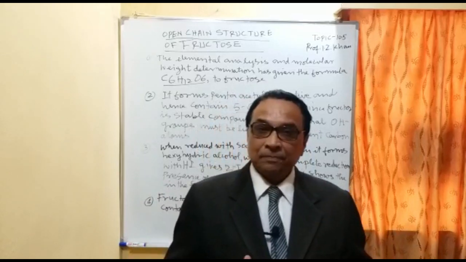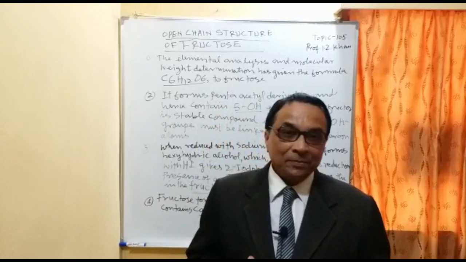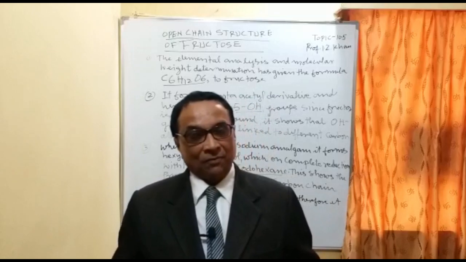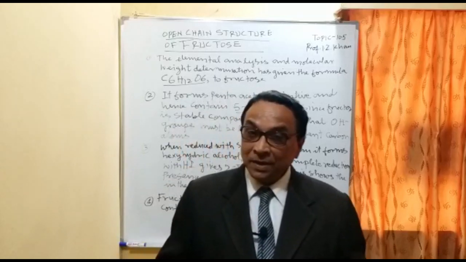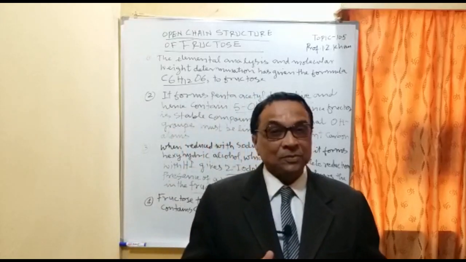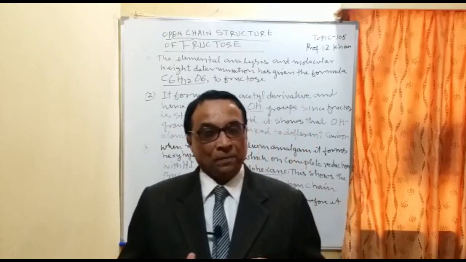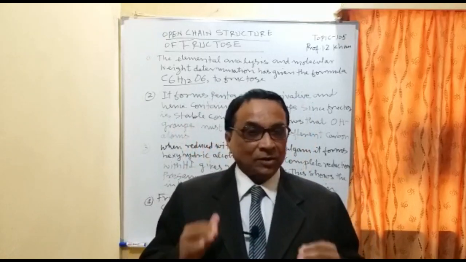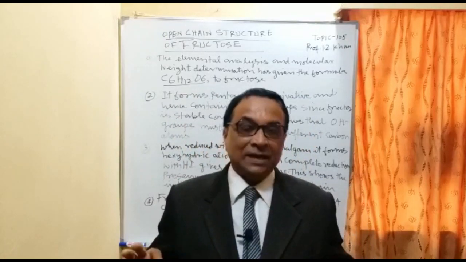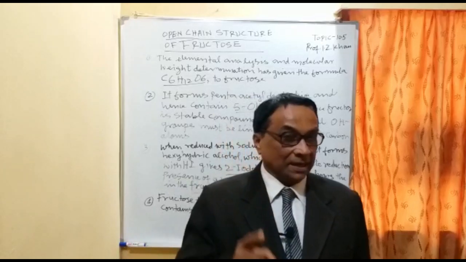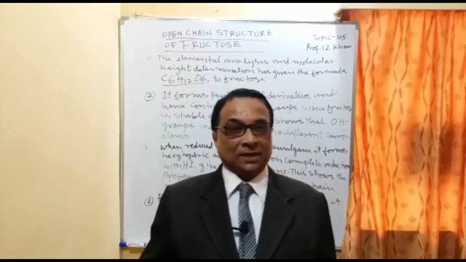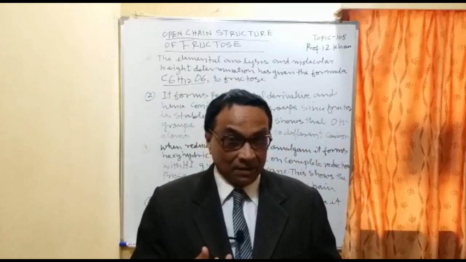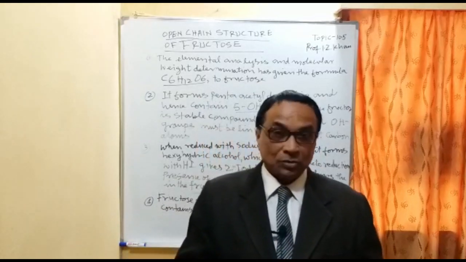And secondly, the 5-acetyl derivative of fructose is very stable. So this confirms that all the hydroxy groups in fructose are on different carbon atoms. So this reaction, acetylation, gives two pieces of information about the structure of fructose.